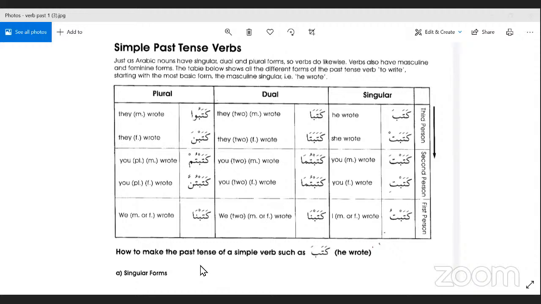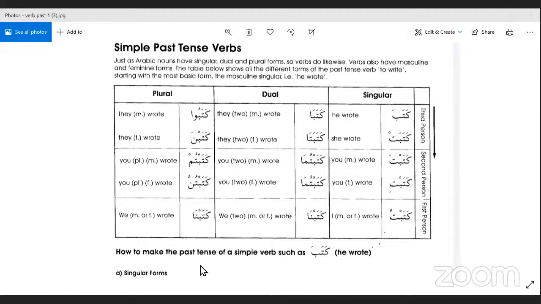Farihtu, I was pleased, masculine or feminine. Farihna, we all were pleased, masculine, feminine, plural and dual. Excellent, that was very good.